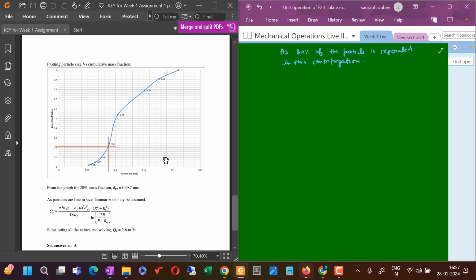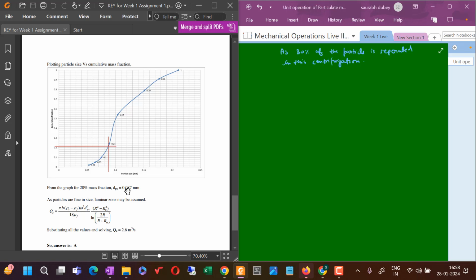So from the graph, for 20% mass fraction, meaning 80% of the particles are separated, the cutoff diameter is 0.087 mm. Using the cutoff volumetric flow rate expression corresponding to this cutoff diameter, the cutoff volumetric flow rate can be calculated.